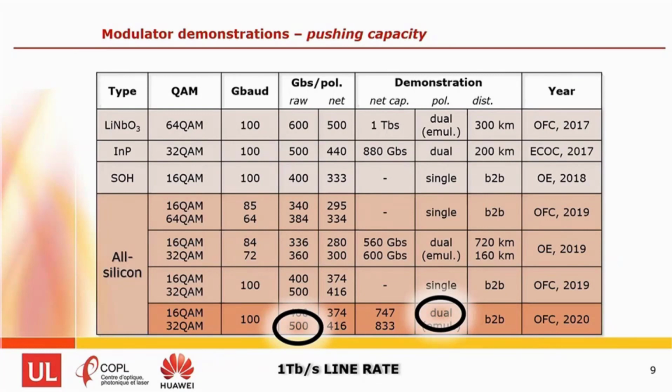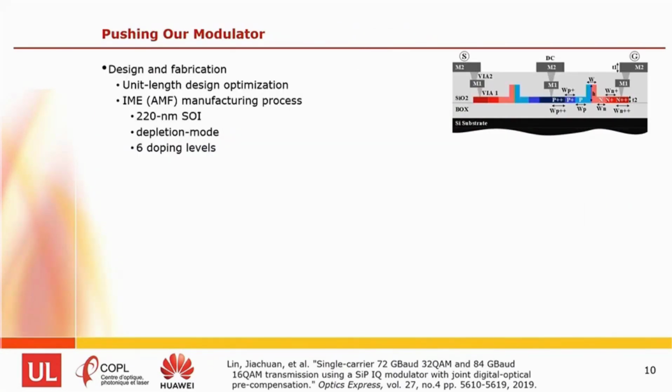Of course, the objective here is to show that it is possible with all silicon to reach similar performance achievements as we've had in other materials. Although the focus of my talk is not on the modulator in itself, this was designed a year or two ago, so I'd just like to refer you to the literature if you're interested in knowing more about the design of the component itself.